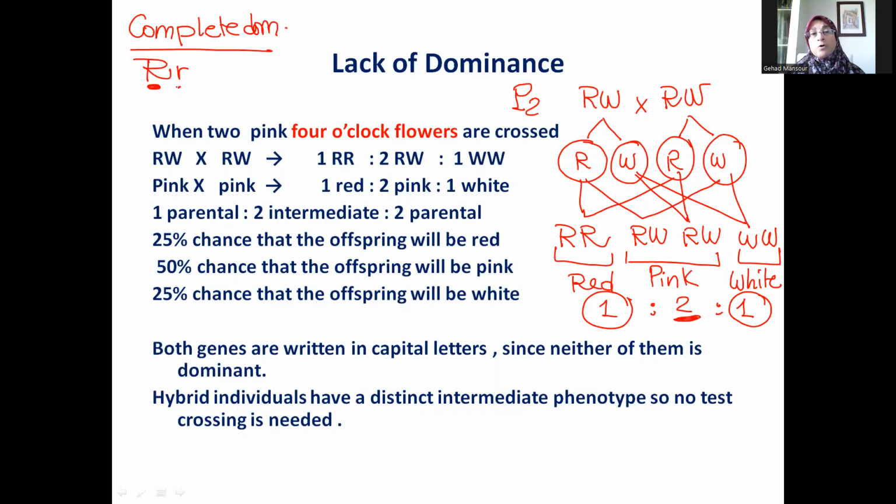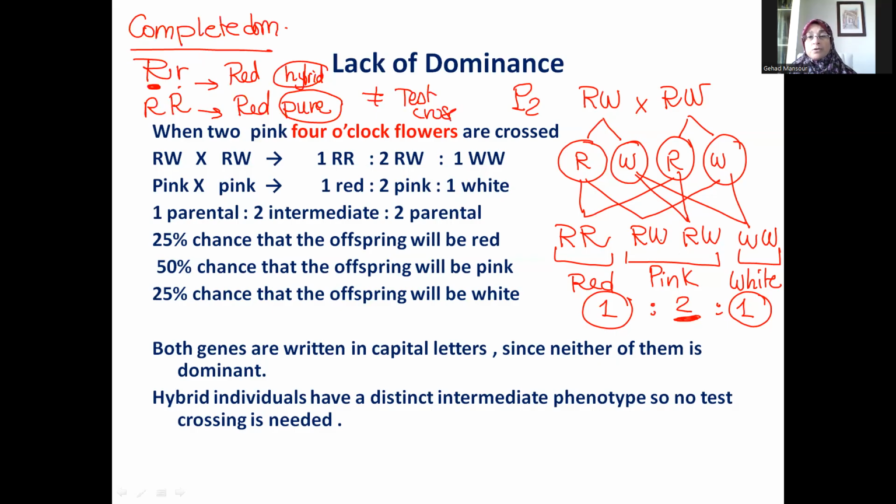The dominant allele completely masks the recessive allele, and the flower is red. Similarly, if it is R capital R capital, then it is red. So here, for a red flower, and red is a phenotype, we have two possible genotypes. Either it is pure or homozygous, or it is hybrid or heterozygous. So in order to differentiate between the two, you need a test cross.